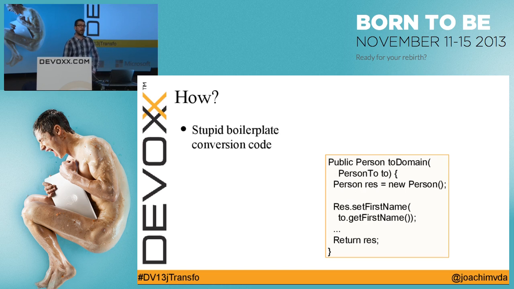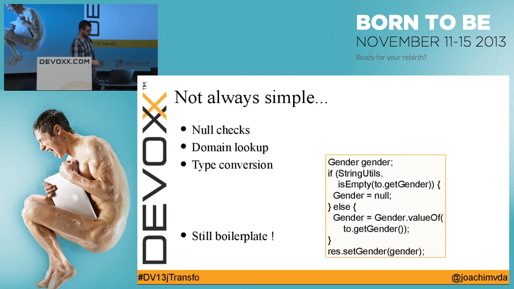Right, so how would you normally do this? By writing stupid boilerplate code, which basically copies the values from your transfer object to your domain object, or vice versa. But unfortunately, it is not always that easy, because you have to consider null checks.